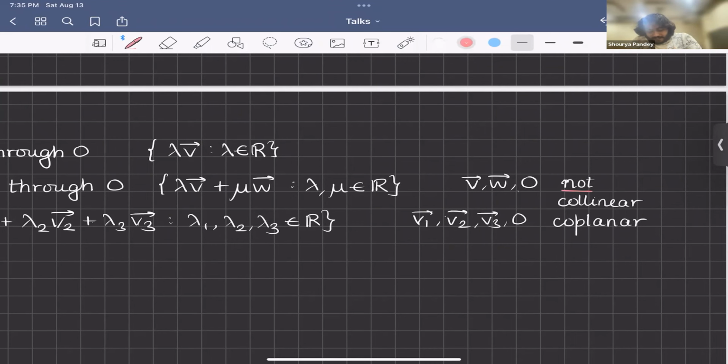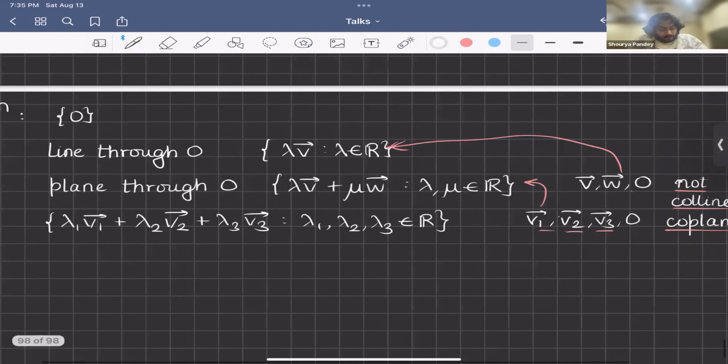Because if these are collinear, then it reduces to this case, since W is just a scalar multiple of V, and so you get the first set. And if they are coplanar, then you'll end up with one of these being a linear combination of the others or something of that sort, and you'll reduce to this case.